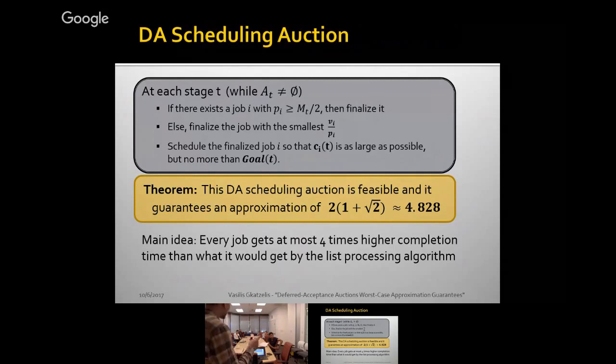So whatever forward does, we do no worse than 4 times that. How you can guarantee that backwards is tricky, because you don't know what position this guy would have been in the forward, you don't know what the structure of the forward would have been, but somehow we managed to show that no job is going to be more than 4 times away. So this is exactly 4 times that initial approximation that I showed you, the forward greedy. So we lose a factor of 4.